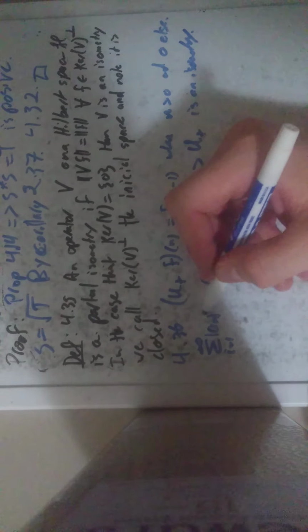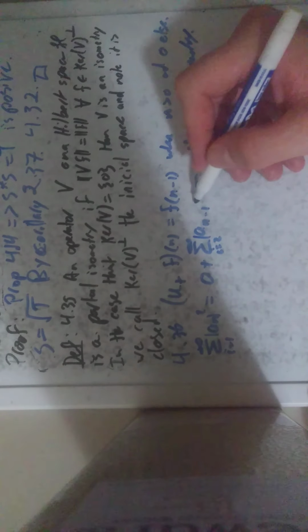And I apologize, these should be squared. What we now have is that the operator shifts everything over one, so we can pull the 0 out in the front of the sum without causing any problems with the norm itself.